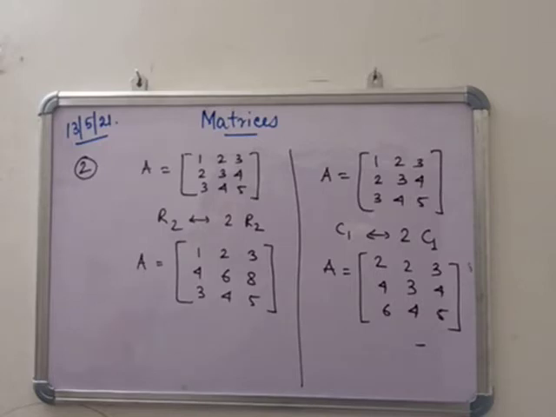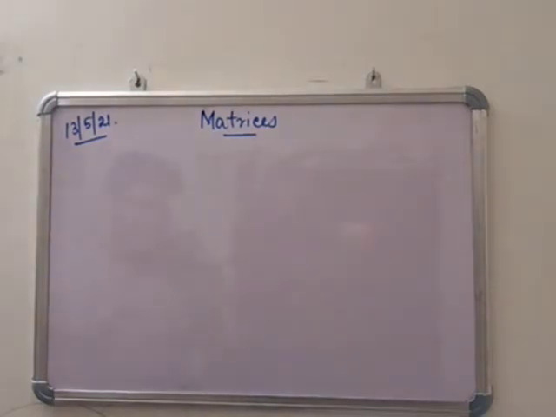Now, the last rule is very important. In the last rule, the addition to the elements of any row or column, the corresponding elements of any other row or column multiplied by any non-zero number.